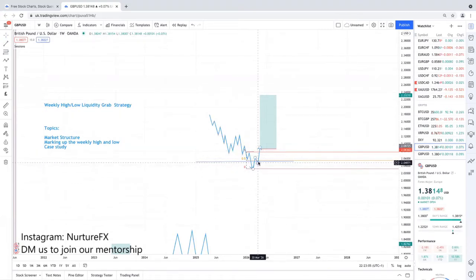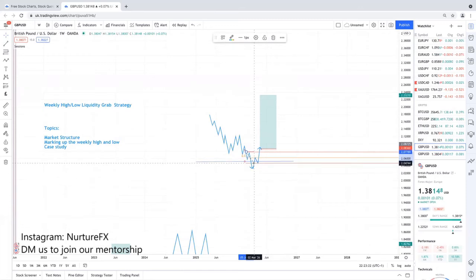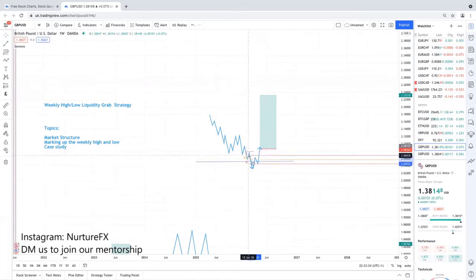So we're looking to enter the same place on this occasion, and that's what you'll find most of the time. There'll be that 50% of the last down candle, or up candle if it's the other way, or 50% of our order block or institutional candle, whatever you want to call it.